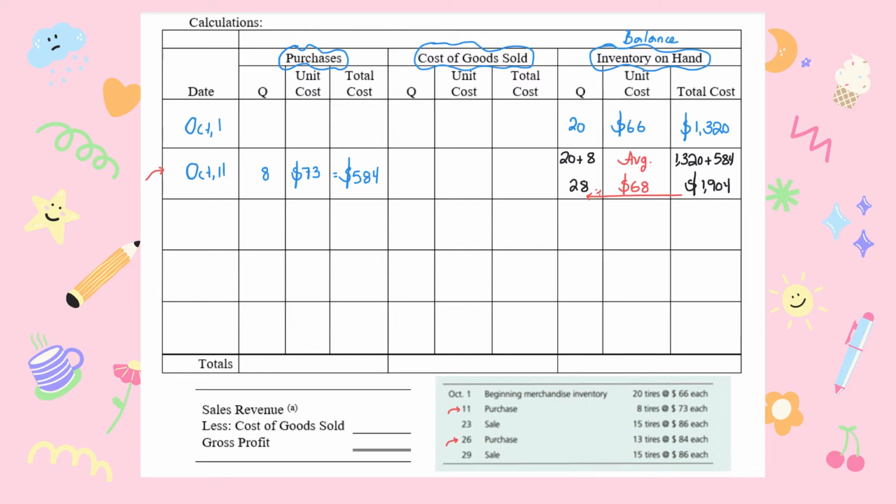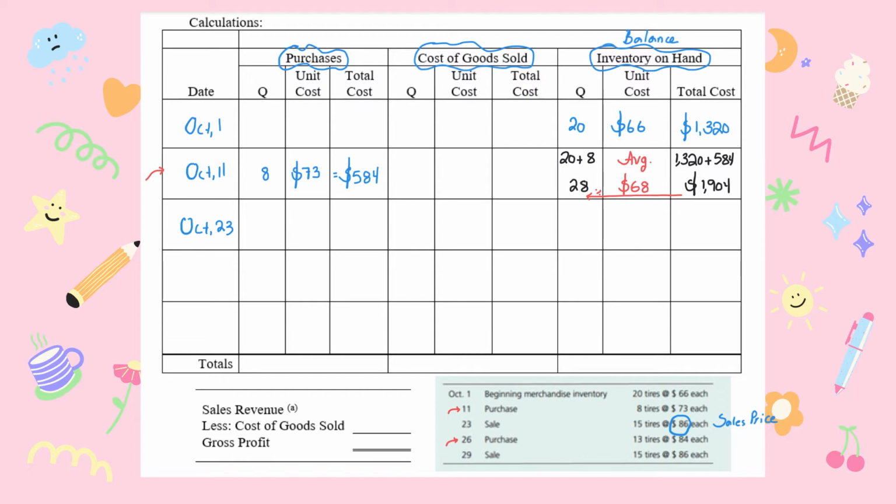Also, we're gonna find the average unit cost. Now, on October 23rd, sale of 15 units at 86 each. Again, this is the sales price, it's not the cost. So this one will help me to find the sales revenue, not the cost of goods sold.